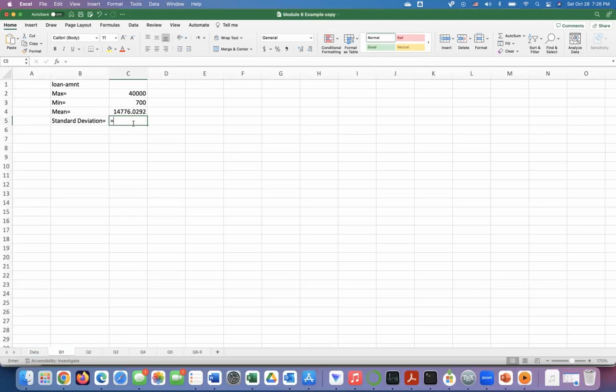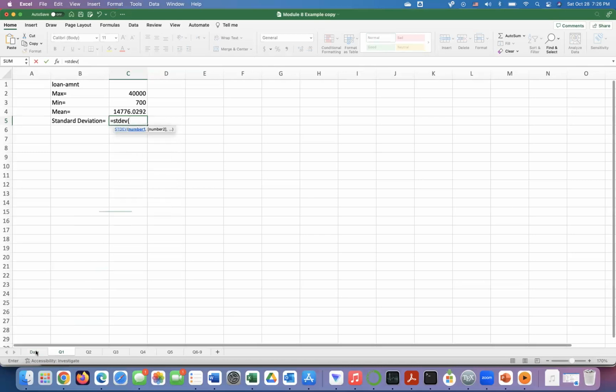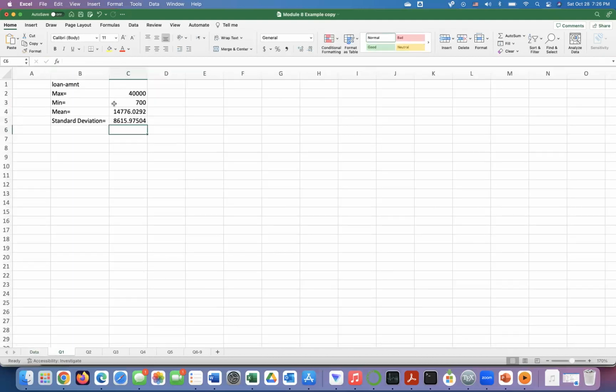And the last one is standard deviation, STDEV. I open the parentheses and I go to this tab, loan amounts. I get 8,615. So remember, standard deviation means how much the data is spread around the mean.